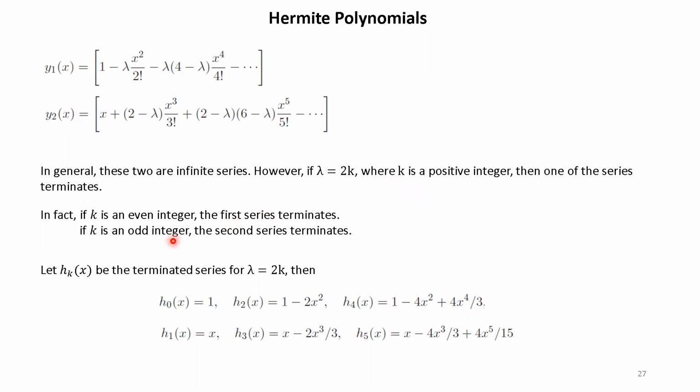If k is an odd integer, then you have 2, 6, 10, and so on. But in any case, you can truncate one of the series, and these are the first few Hermite polynomials that you can have.